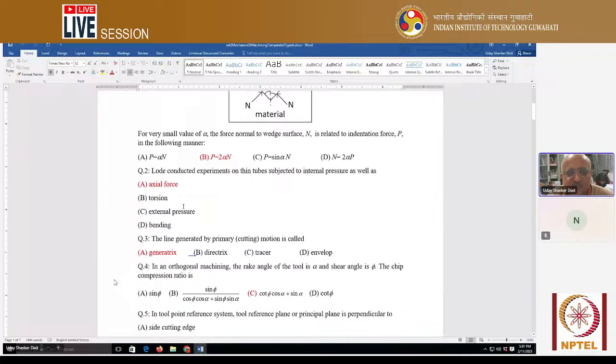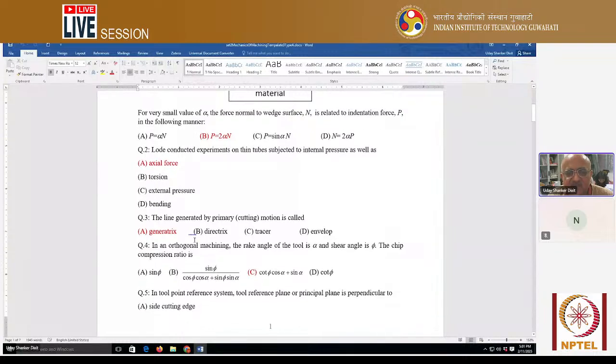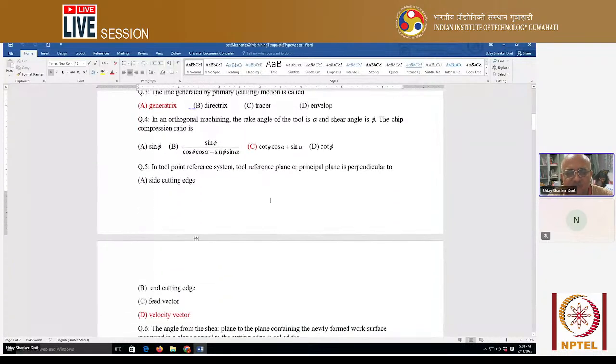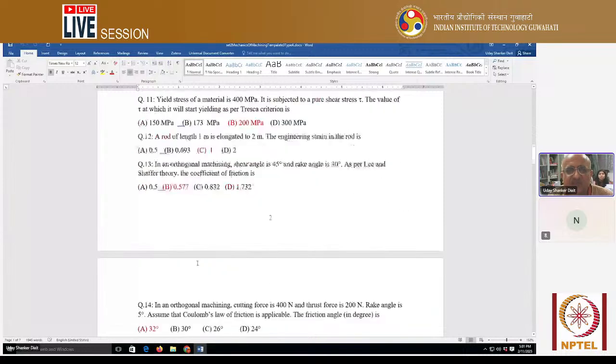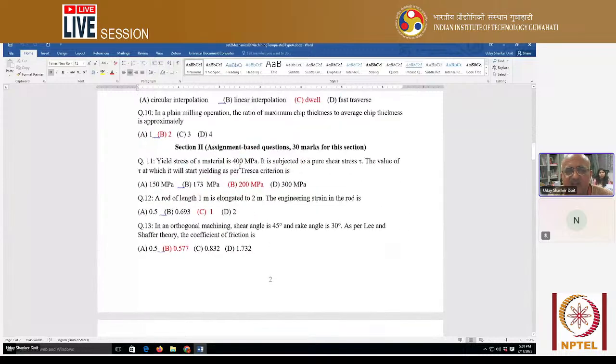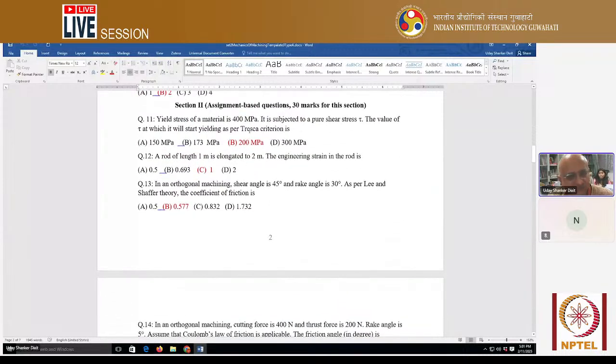Then there is something like: Lode conducted experiments on a thin tube subjected to internal pressure as well as axial force. So this is just a theory question. And sometimes in numerical questions, as per guidelines, we will give many questions straightaway even from the assignment. The yield stress of a material is 400 megapascal.